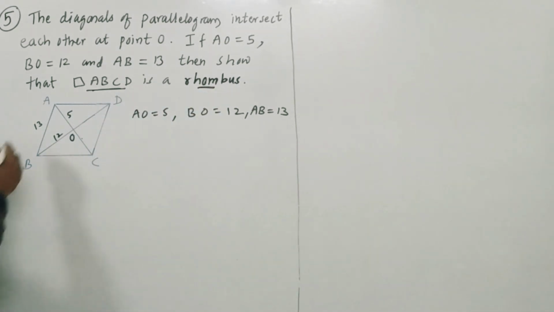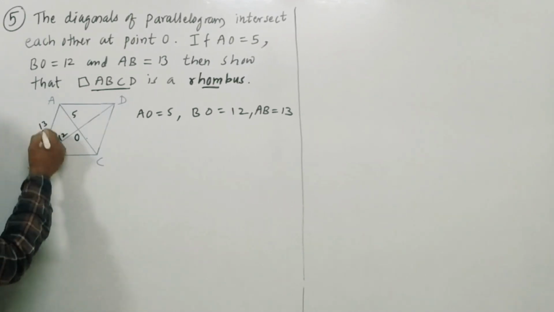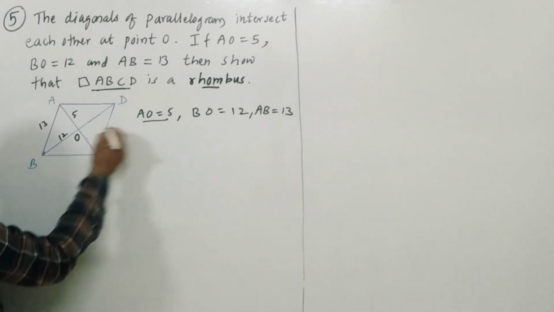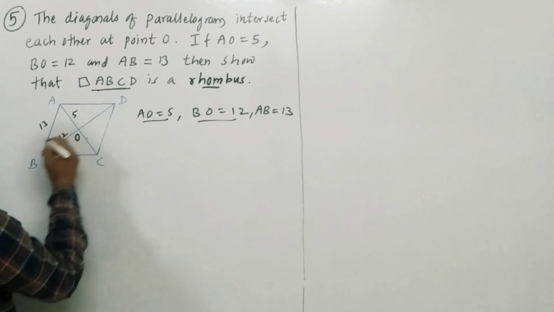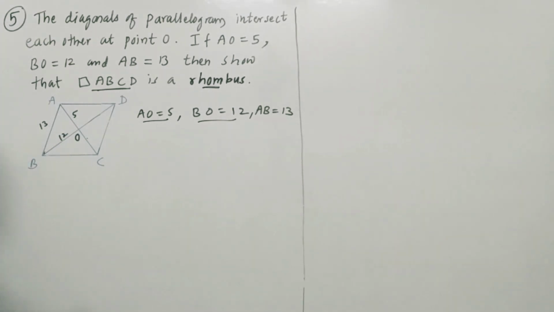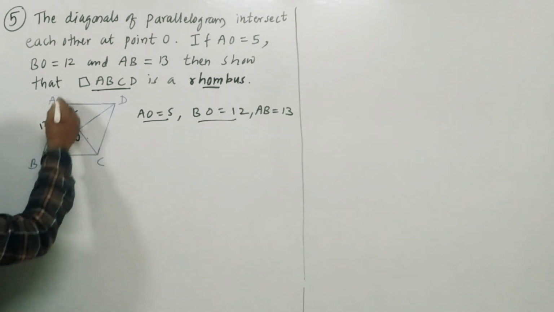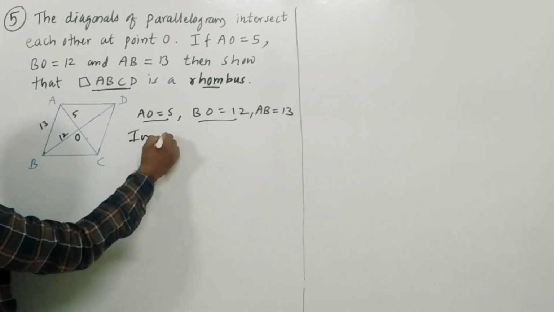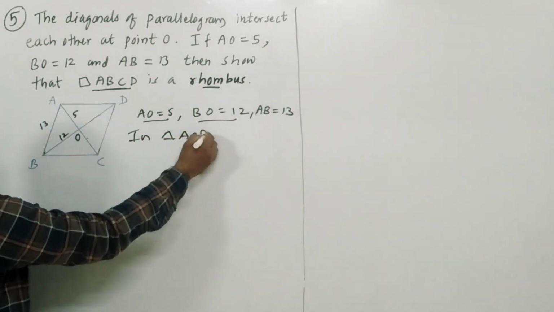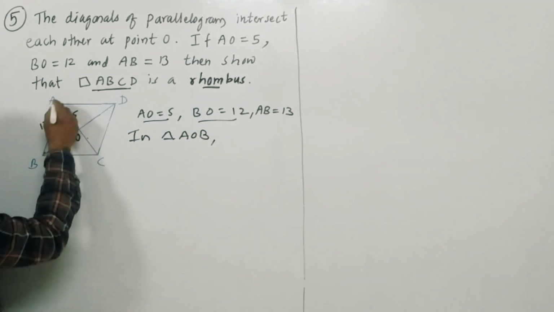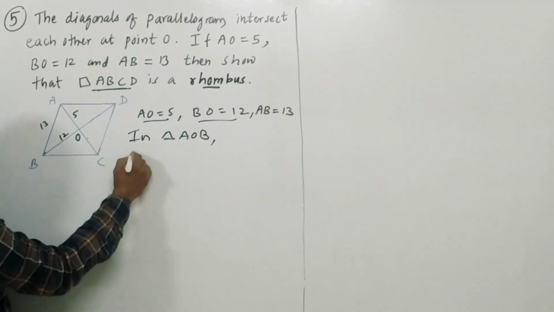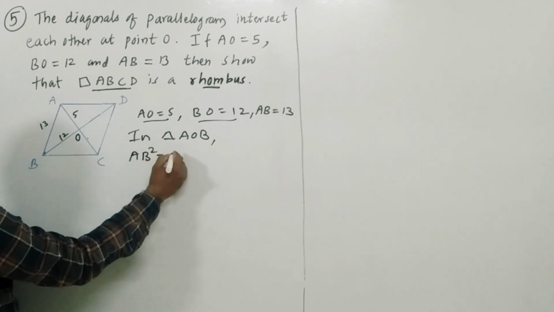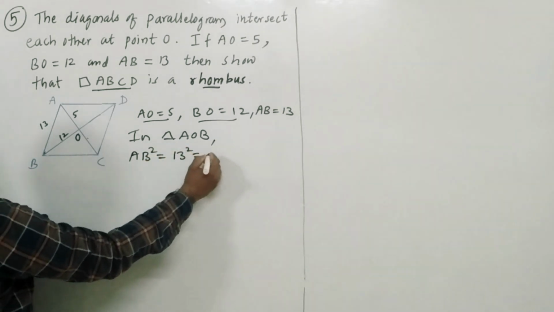So here in this quadrilateral ABCD, AB is 13, AO is 5, BO is 12. Now we consider this triangle AOB in the parallelogram.